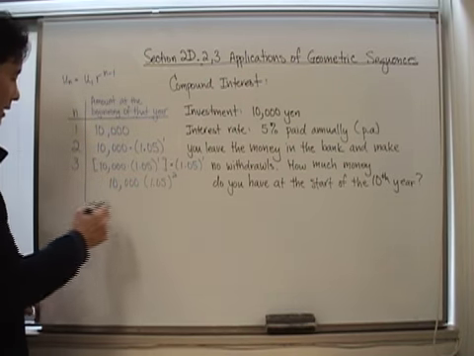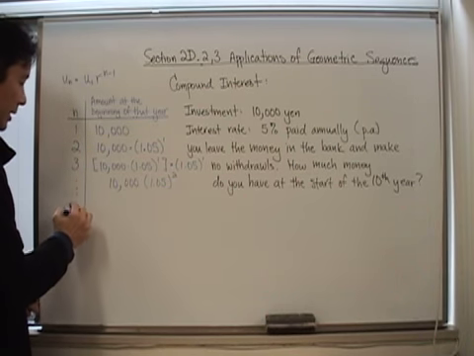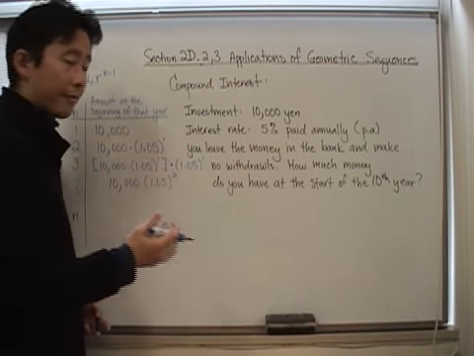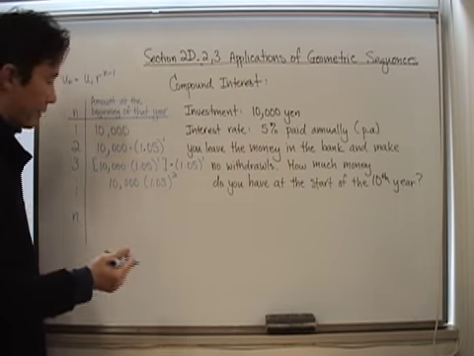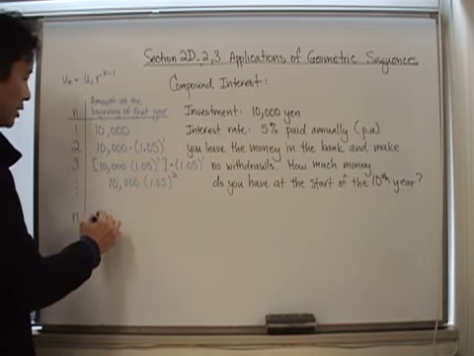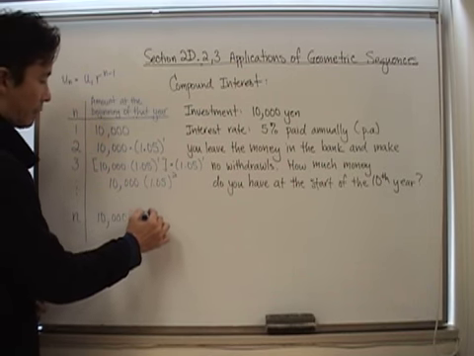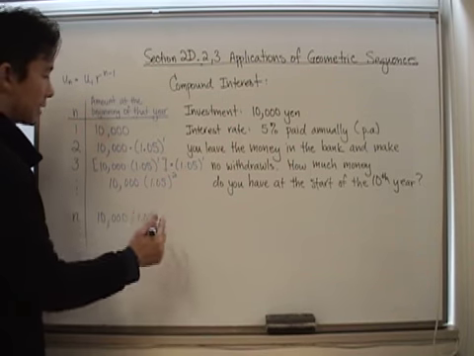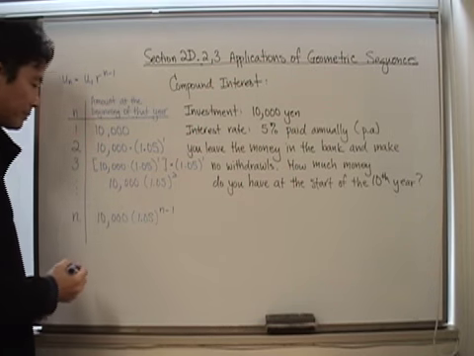So let's instead investigate what happens when I do n. After n years, how much money will I have at the beginning of that year? If I just continue with this pattern, I should have 10,000 times 1.05 raised to, well, this has to be 1 less than that n value, so that's n minus 1.